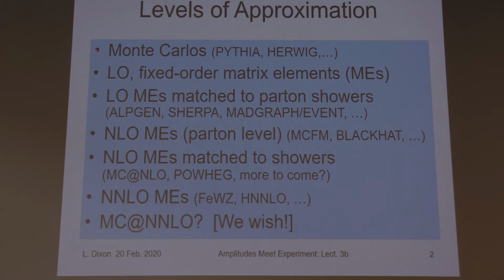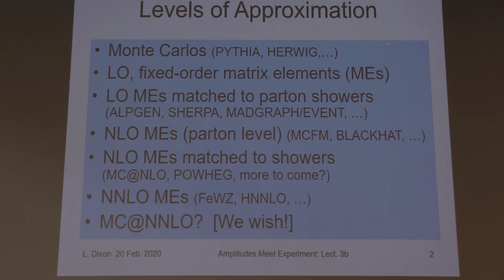So there are many different Monte Carlos. The most common ones are Pythia, Herwig, and also Sherpa. In fact, those are the dominant three. I'll say more about Monte Carlos in a second. Of course, another thing you can do is leading order, which is just Feynman graphs at tree level, and square them up.